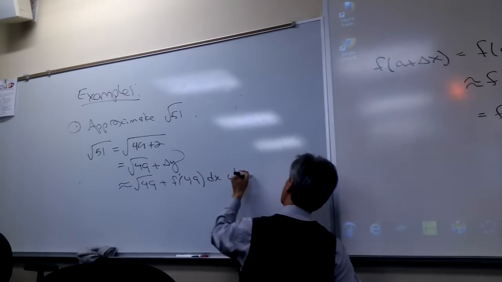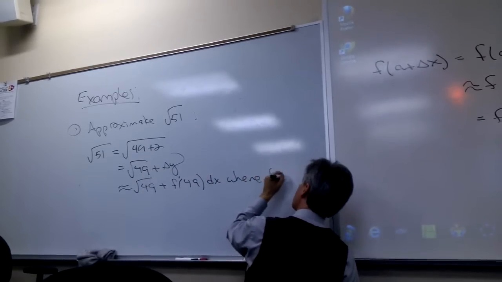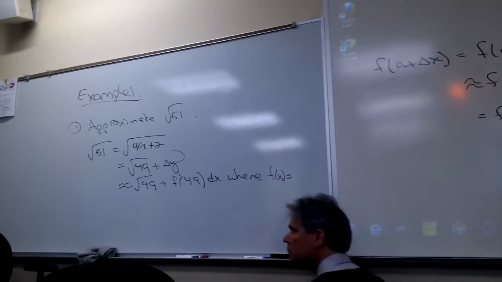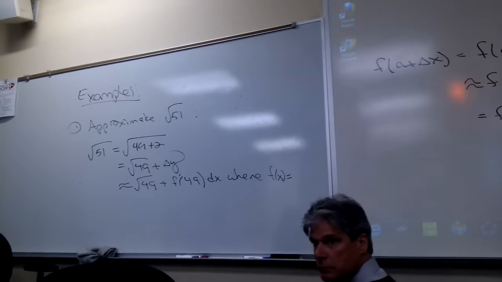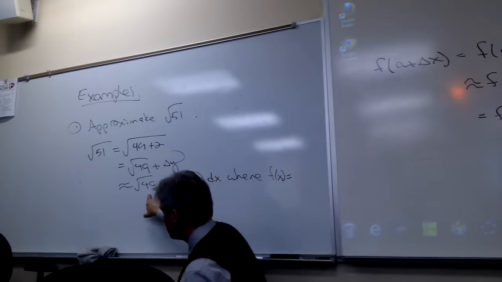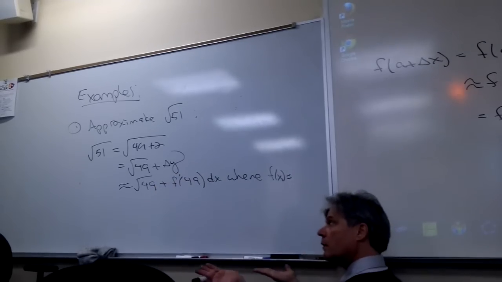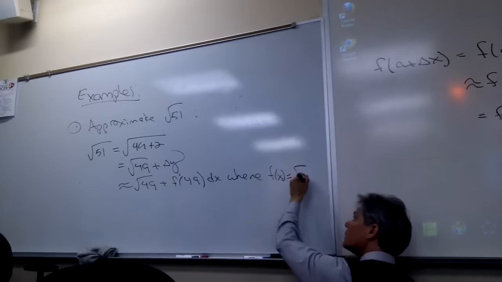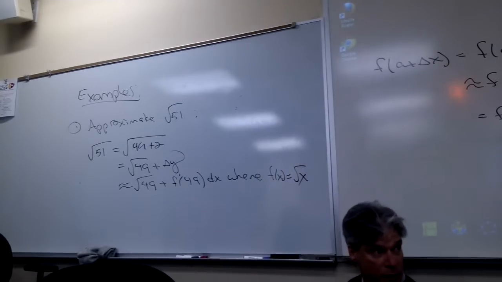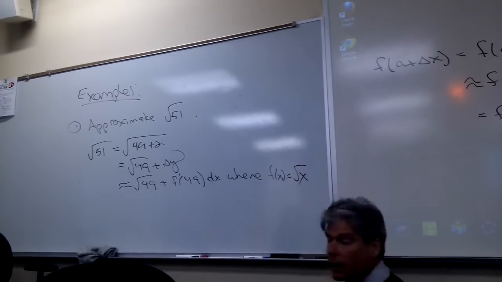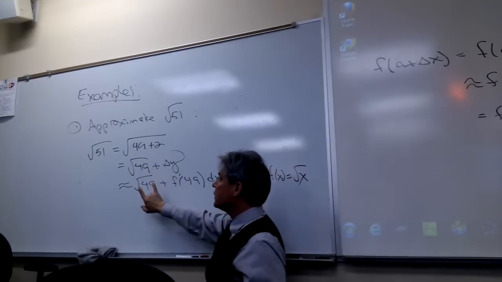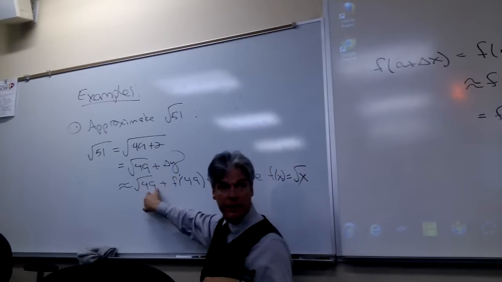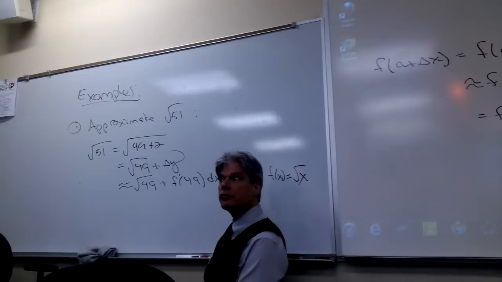Where? You guys help me with this. My original function in x is nothing more than which function? Well, if this is f of a, clearly f of x is the square root of x. That's clearly the function I'm approximating. If this term right here is supposed to be my f of a in the middle board, then my function f is going to be the square root function.